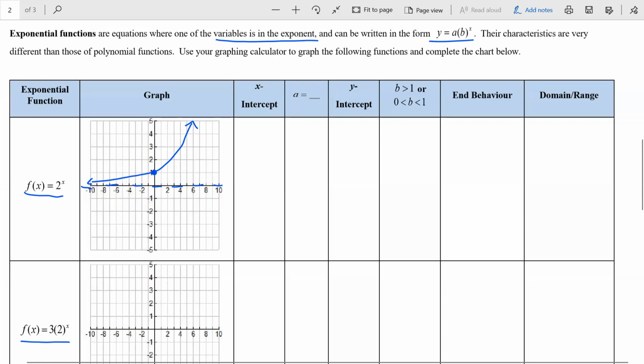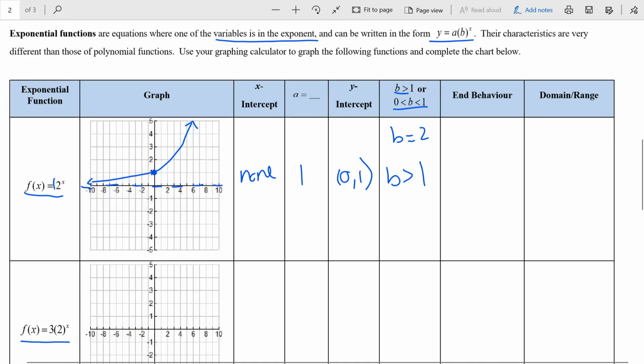Okay, so let's answer some questions. X-intercept, well, now there are none. Okay, I need you to know that, never in 30-2. Okay, the a value would be the coefficient that's out front, that's 1. The y-intercept, let's always write it as a coordinate pair. It says the b value, which of these two is it? Well, the b value in this case is 2, so I'm going to say the base is greater than 1.